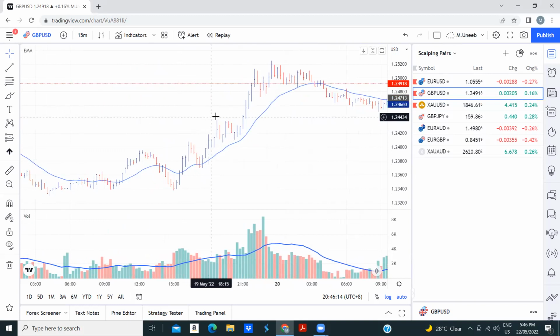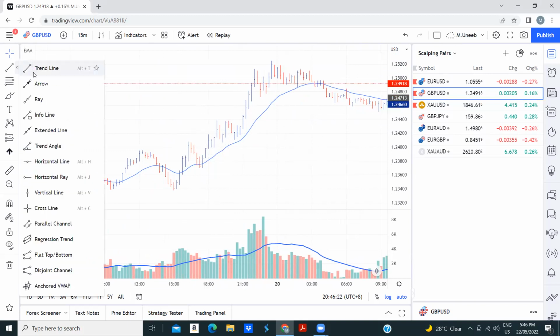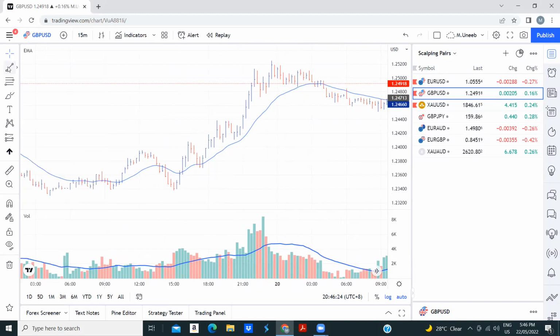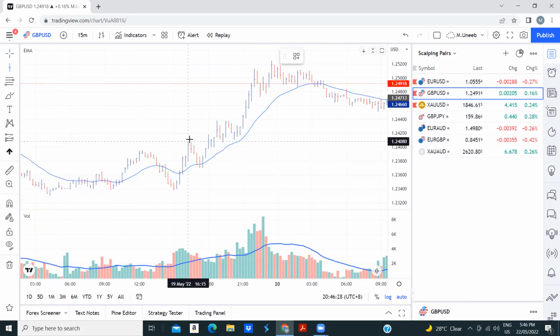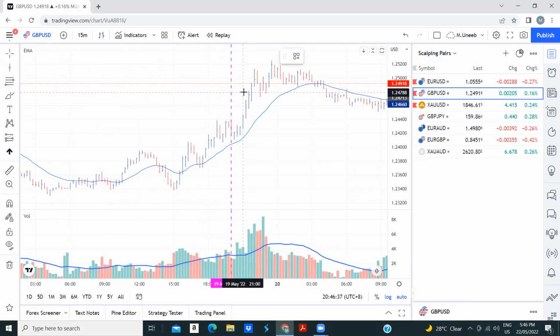New York Open was this one, right? So draw the vertical line. You go here on this part, you see the line part here. Go here, you will see the vertical line. You draw this one at around 20, and the second one would be drawn at 9 o'clock your time. This is the second line.